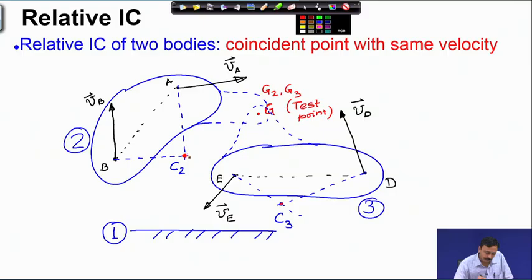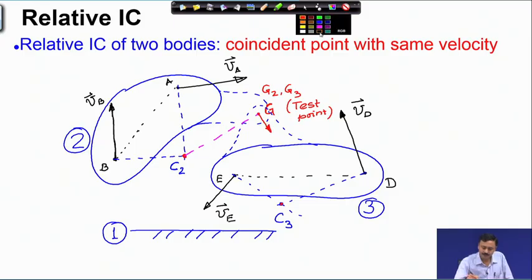Now, body 2 has instantaneous center of rotation C2. So, point G2 must have a velocity perpendicular to this direction C2 G2.